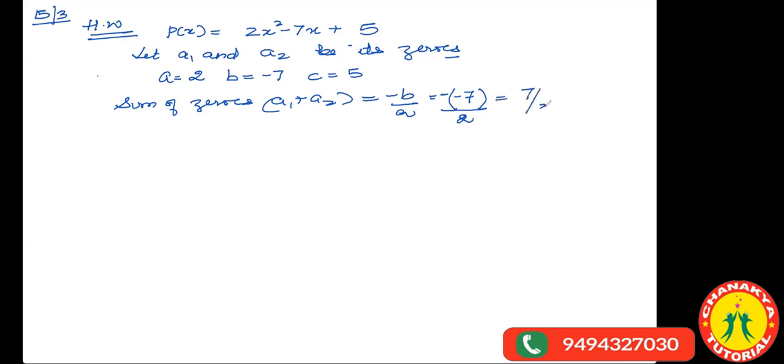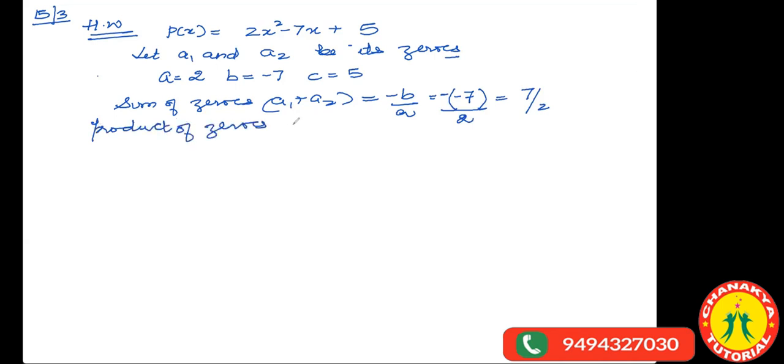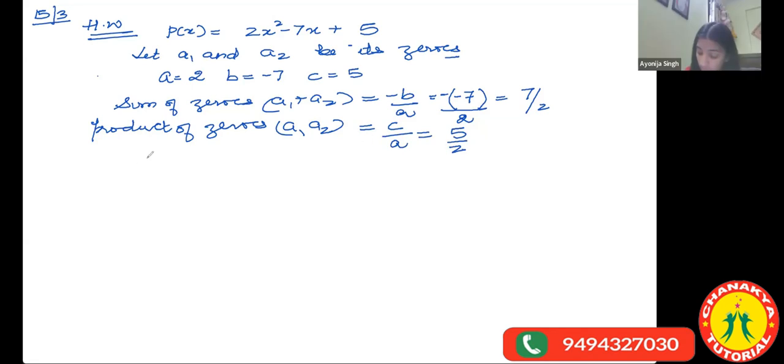So it will be 7 by 2. Clear this thing? Yes, ma'am. Now product of zeros, a1 multiplied by a2, will be equal to c by a. Then the value of c is 5, so it is 5 by 2. Clear? Yes, ma'am.